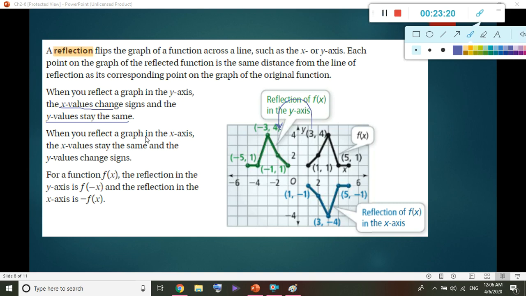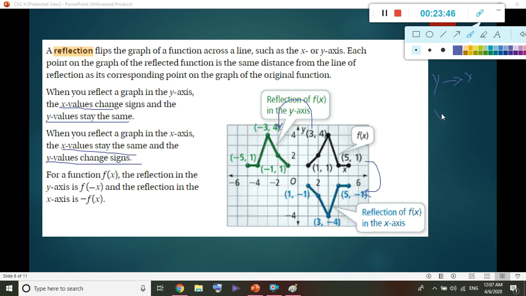Now, when you reflect a graph about the x-axis, the y values change, but the x values are the same. So the x value stays the same, and the y values change signs. Okay, so again, put in mind, reflecting about the y-axis, x will be the opposite sign.